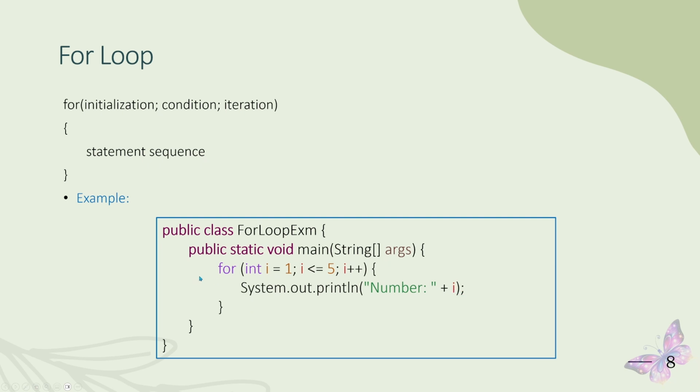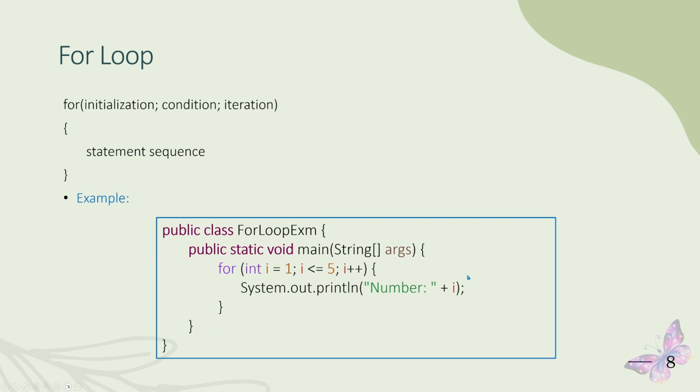When you first initialize i equals 1, it will print 1. Then it will increment the value of i, so now the value of i becomes 2. Then it will check the condition: 2 is less than or equal to 5. This is true, so it will print i again, the number 2.